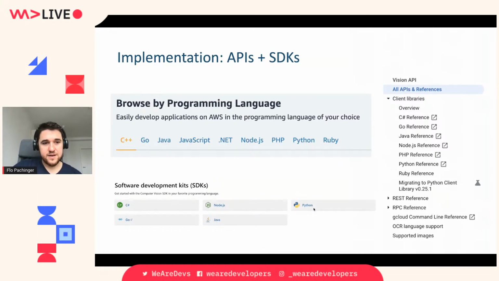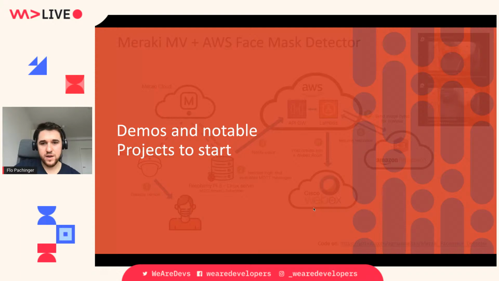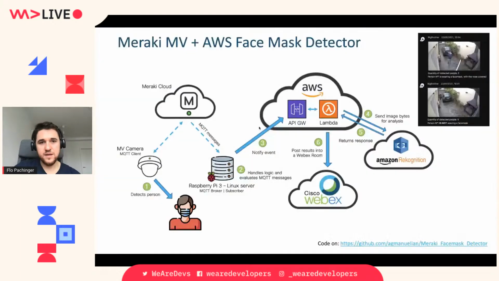Cool. Then, of course, demos and notable projects. What I would like to share here is something a colleague of mine did as well, the Meraki MV and AWS face mask detector.